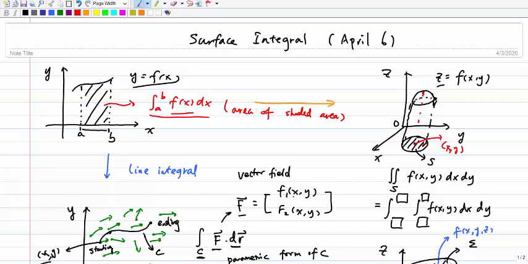If I want to compute the volume of this base area with the height defined by z, I can compute this double integration over the entire area. I compute f(x,y), the height, over dx dy.